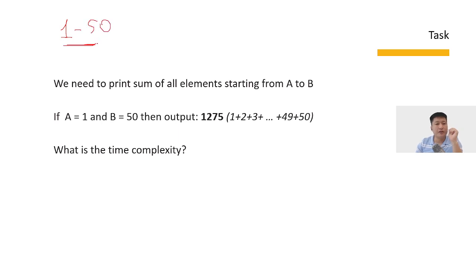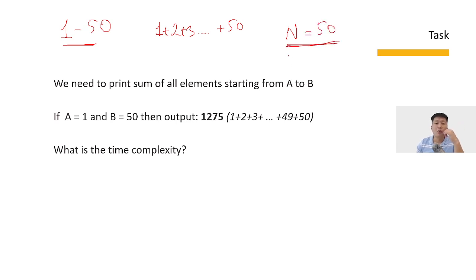So we should find the sum of 1 plus 2 plus 3 and so on, up to the last number. How many numbers do we have? We should save it to n. n is 50 because we have 50 numbers.